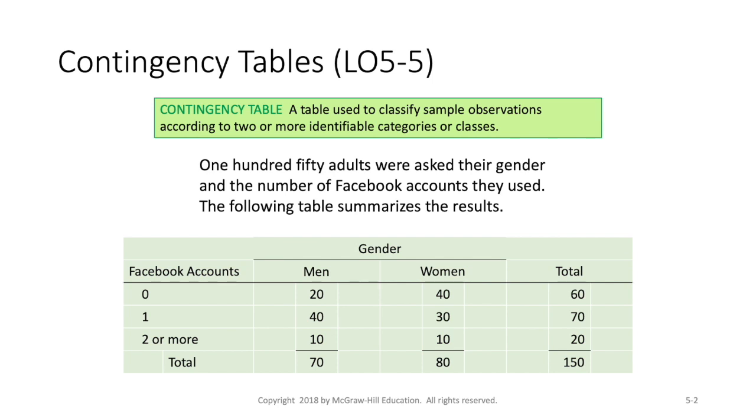And that 150 is also broken down into 60 of them have no account, 70 have one account, and then 20 have 2 or more accounts. The textbook walks through the example on movie tickets and based on age. But I'm going to talk some more about calculating some probabilities from this table with the Facebook data.